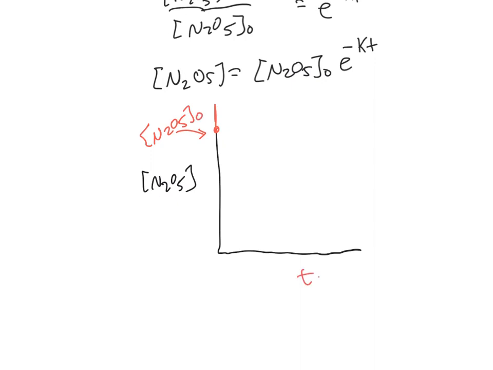And then this is time down here. So you start with the initial concentration, and in time the concentration decreases. And if the reaction goes 100%, then the concentration of N2O5 will go down to 0.